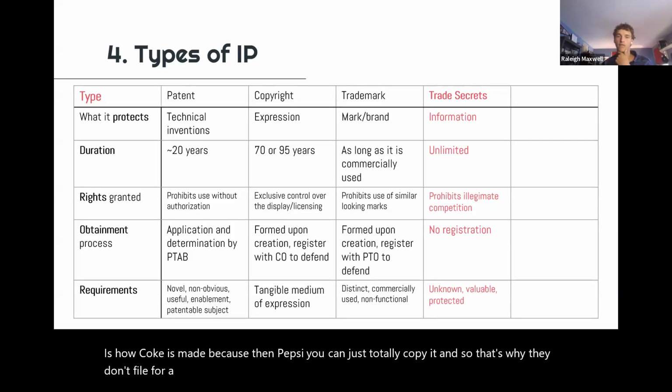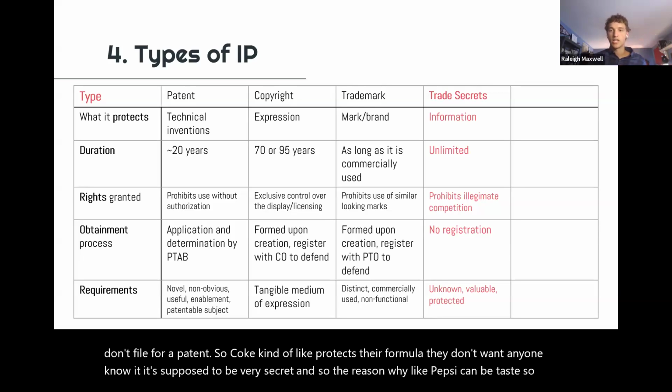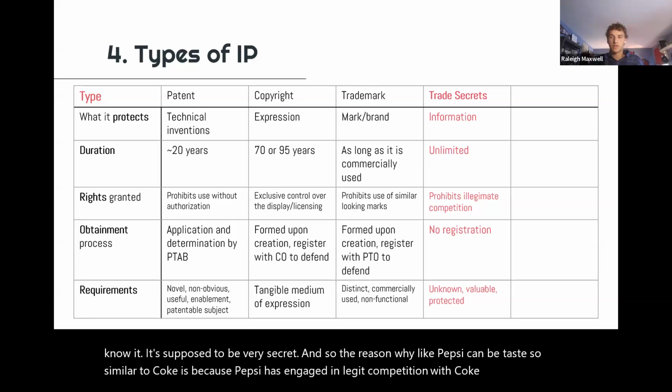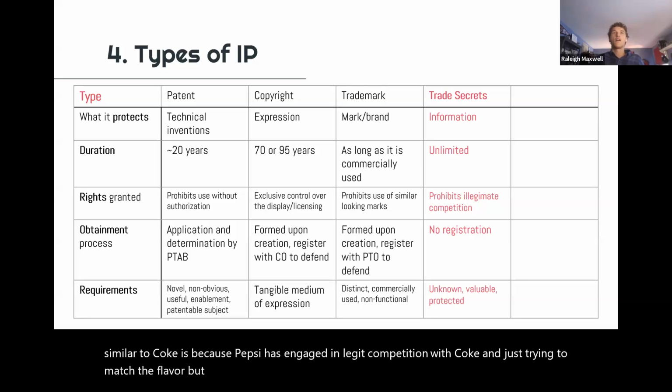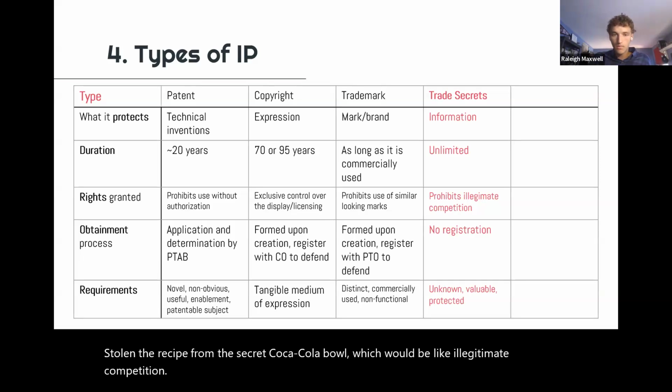Coke protects their formula. They don't want anyone to know it. It's supposed to be very secret. The reason Pepsi can taste so similar to Coke is that Pepsi has engaged in legit competition with Coke, just trying to match the flavor, but they have not stolen the recipe from the secret Coca-Cola vault, which would be illegitimate competition.